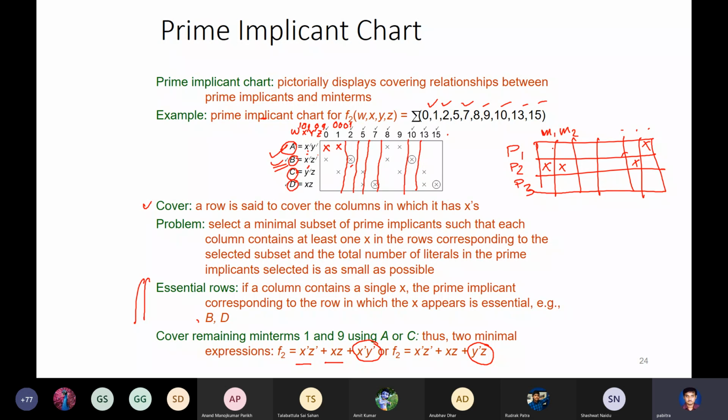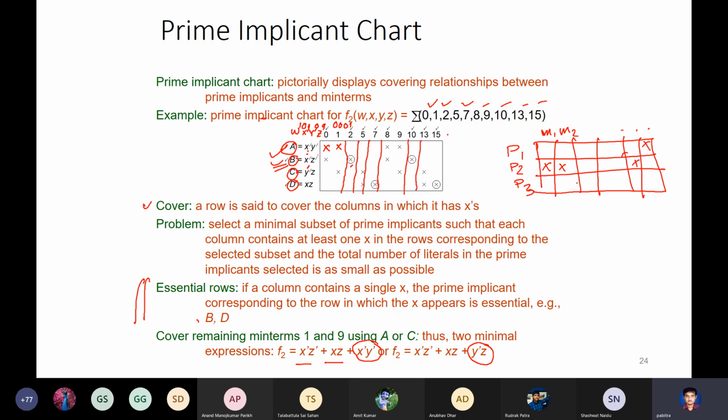I want to cover all the columns using at least one cross, using the minimum number of rows. Covering means there should be at least one cross in that column. One corollary of this is that for the columns which have a single cross, the corresponding prime implicants are essential prime implicants. They have to be there in the final expression.